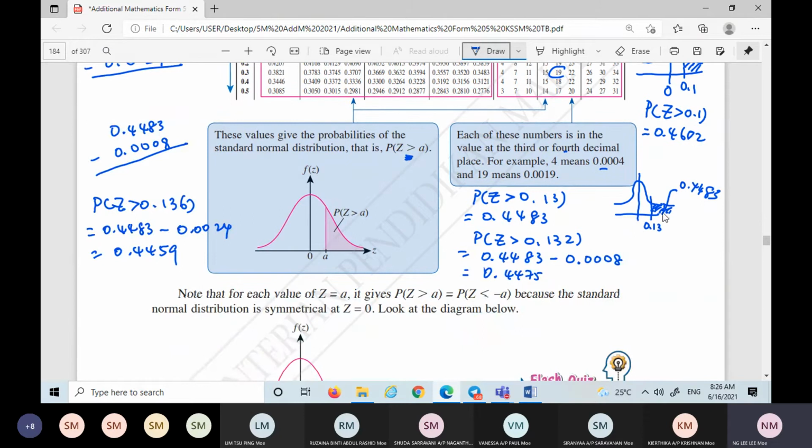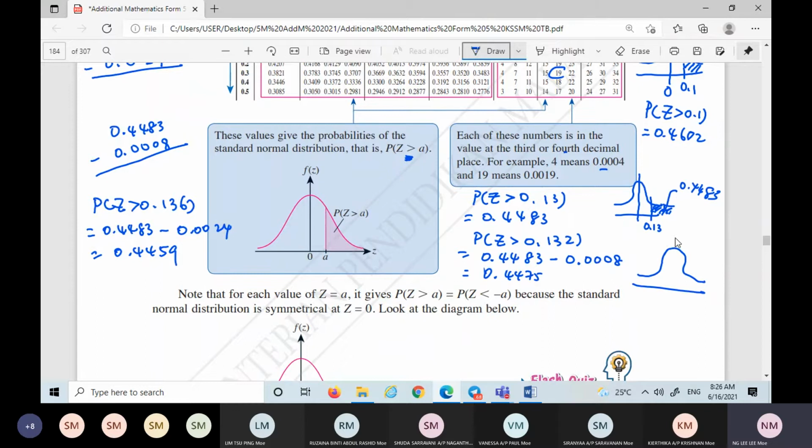Now we compare 0.13, which is 0.130 actually, with 0.132. 0.132 should be on the right hand side of 0.130 because it's bigger.